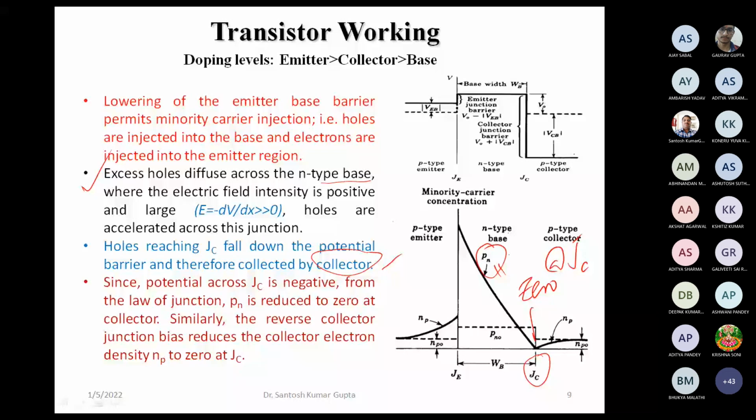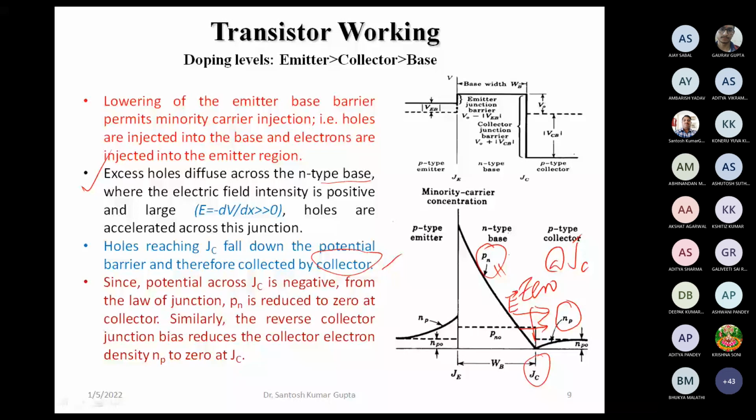One thing one can also see here is that NP is also becoming zero at the collector junction. Why is it so? We have just seen that the electric field is of this orientation. NP is the electron concentration. As soon as electrons come under the influence of this junction region, they are accelerated in the direction opposite to the electric field, being negative charges.